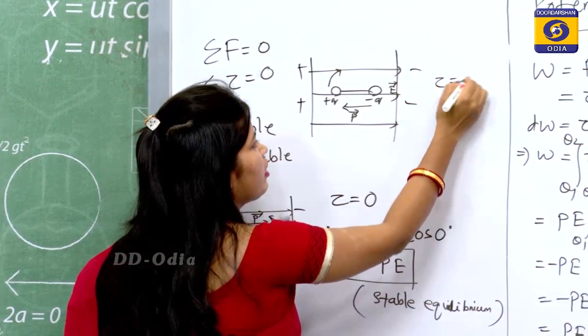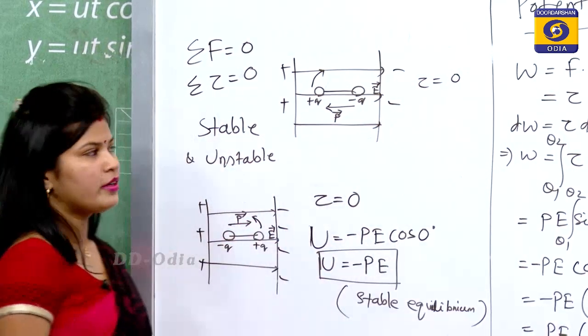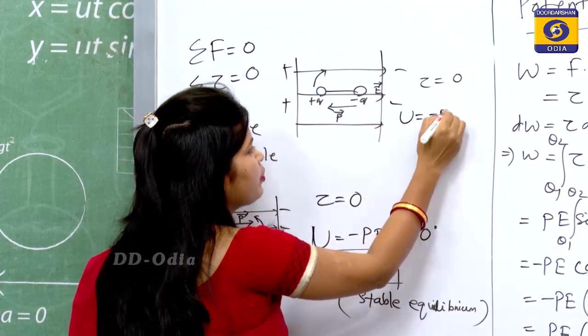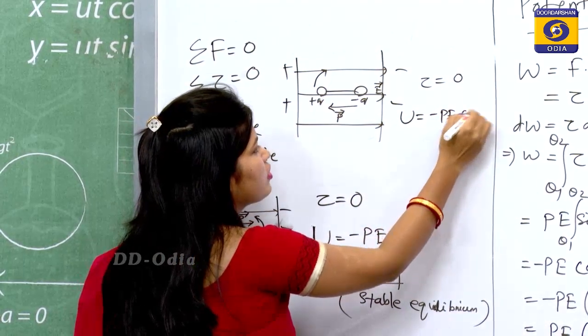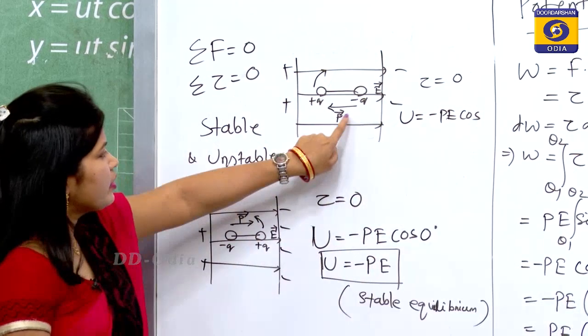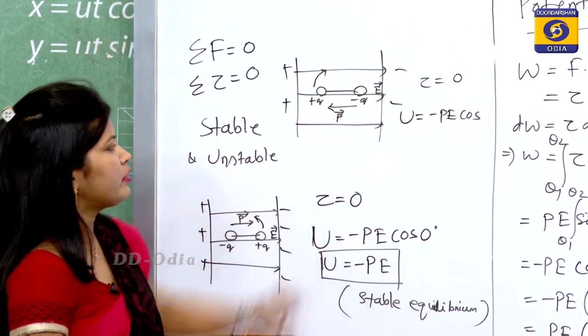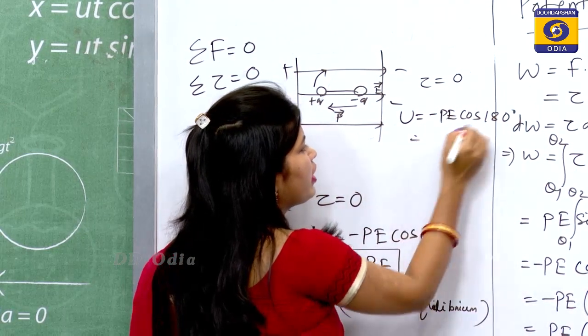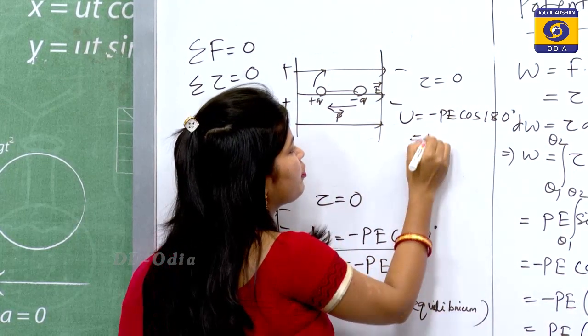Here also torque is 0, as there is no movement, and energy is equal to minus P E cos theta, where the angle between the dipole moment and the electric field is 180. Cos 180 is minus 1, so minus times minus is plus.